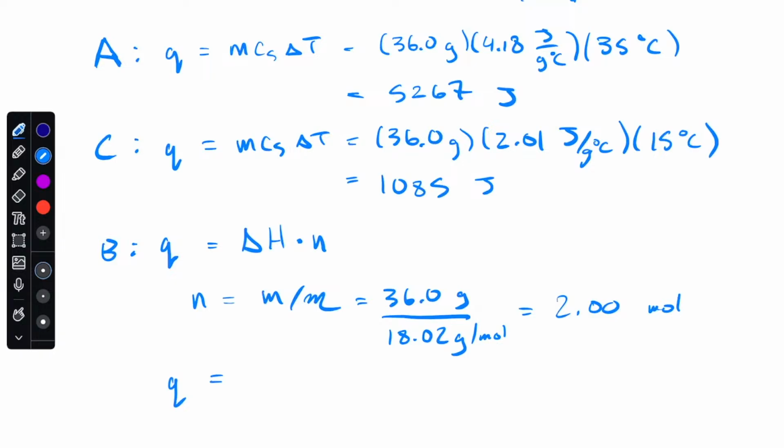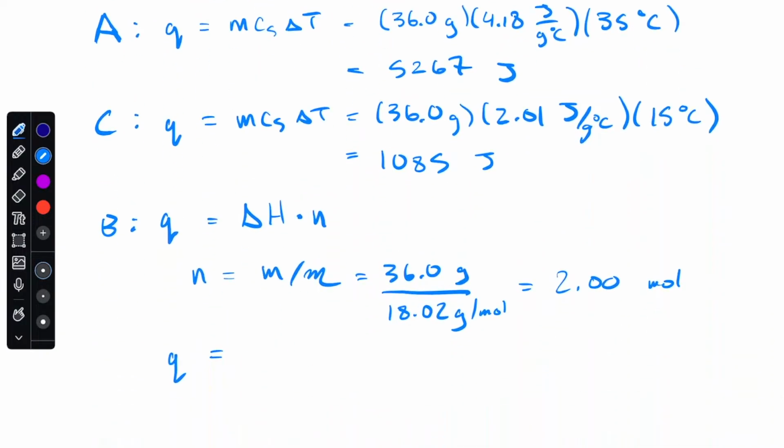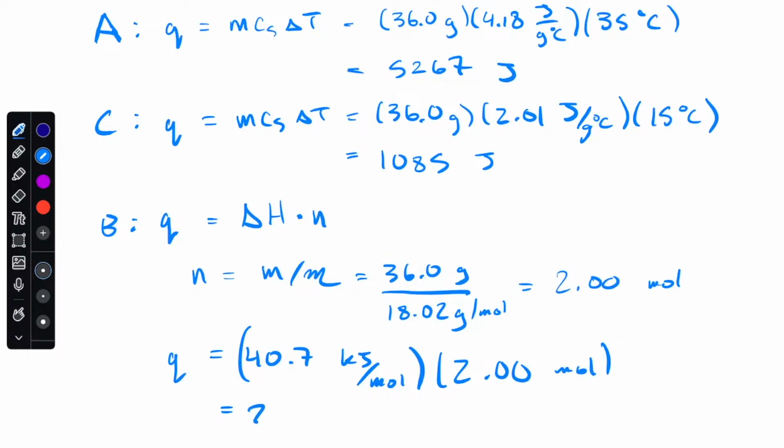So our Q there is going to be equal to the ΔH that's up here, 40.7 kilojoules, times 2.00 moles equals 81.4 kilojoules. So that number is like huge compared to the other two, right? C is like 1 kilojoule, and A is like 5.3 kilojoules.